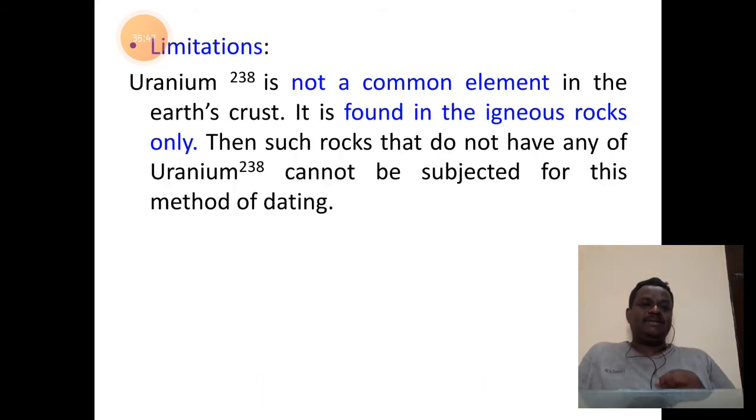Well, students, we have limitations for this uranium dating or lead dating method. Number one, it is not a common element seen in the Earth's crust. It is an element seen in igneous rocks, meaning the rocks in the deeper layers.